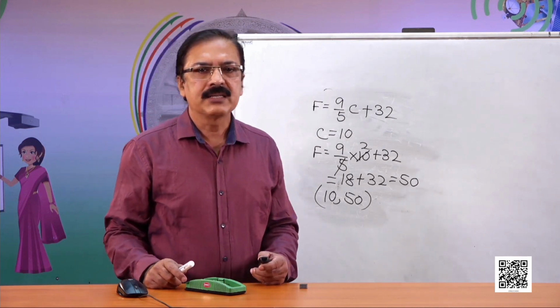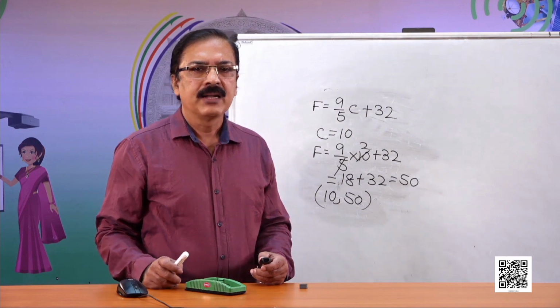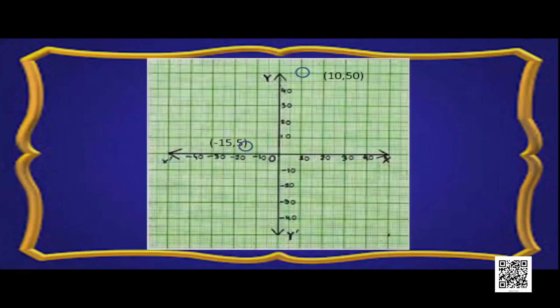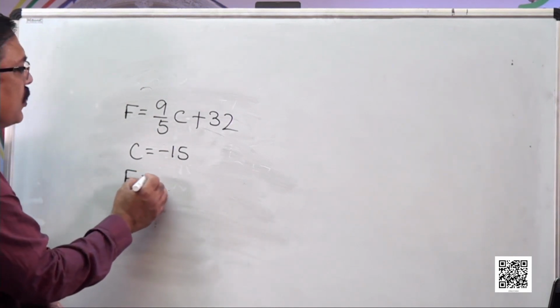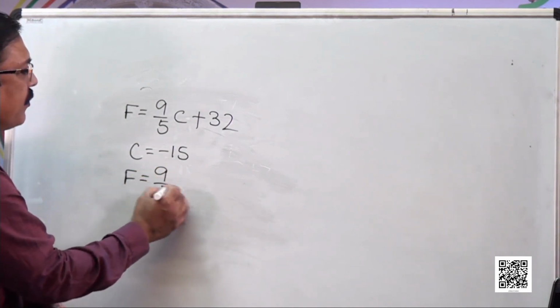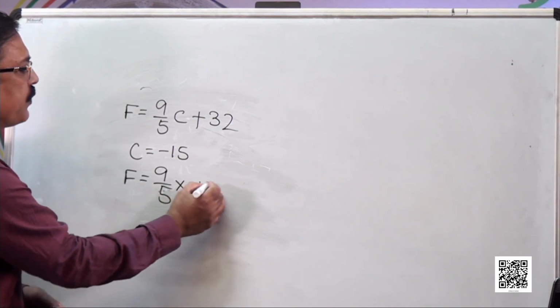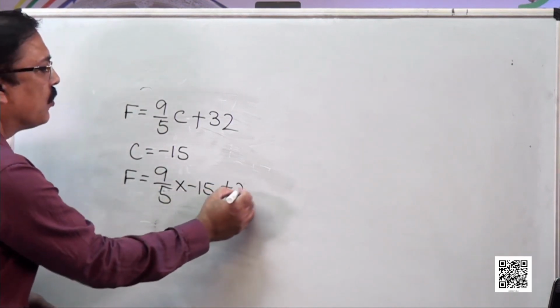Now let's see another point, that is minus 15. If we put the value of C as minus 15, then what happens? C is equal to minus 15. That means F is equal to 9 by 5 into minus 15 plus 32.